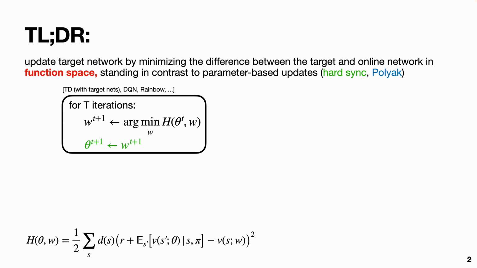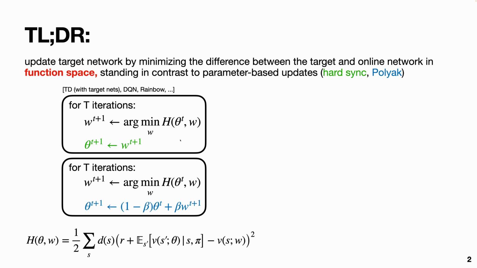Now, once we have the online network, in the case of, for instance, DQN, we do this hard synchronization of the two networks. So if we have the online network, we just set the value of the target network to the online network, and then we move to the next iteration. This is the hard synchronization that I was talking about.